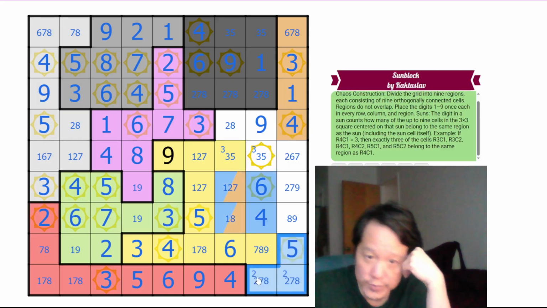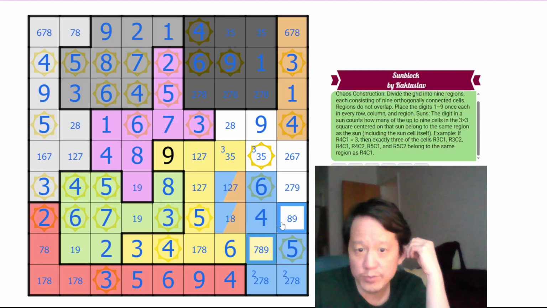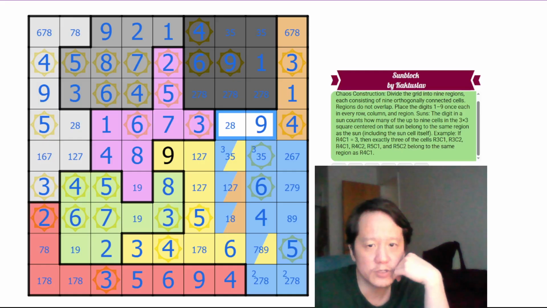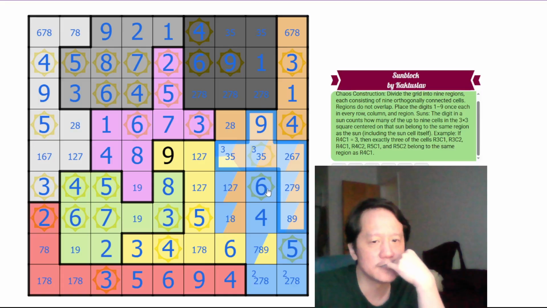And this would be extra 3 here. So blue can be either here or here. Blue can be around here. Therefore, this can't be blue. This must be orange. Orange can potentially go to here. And that's it.